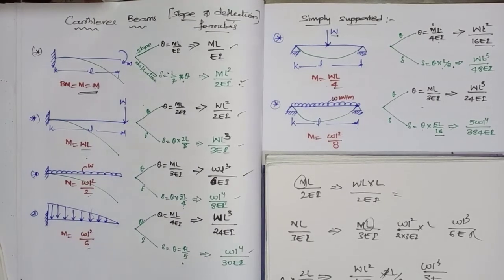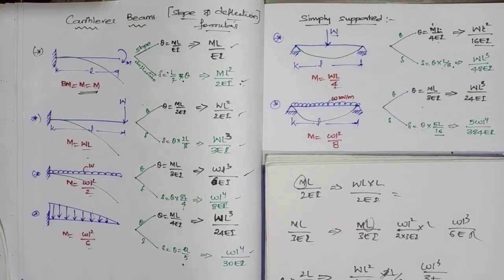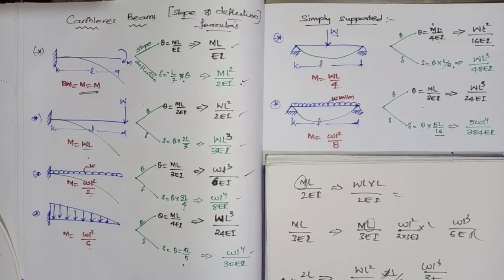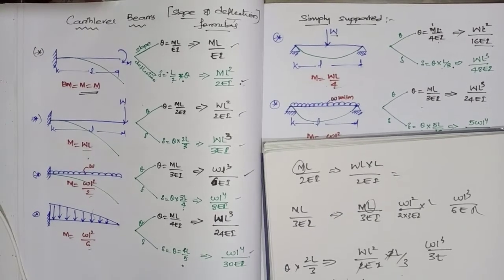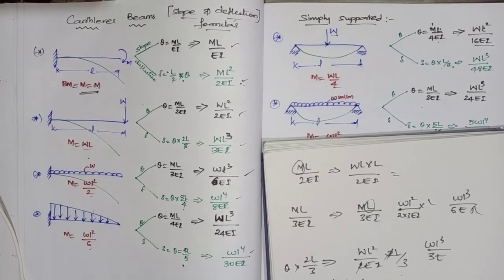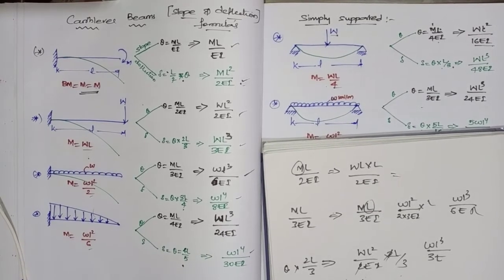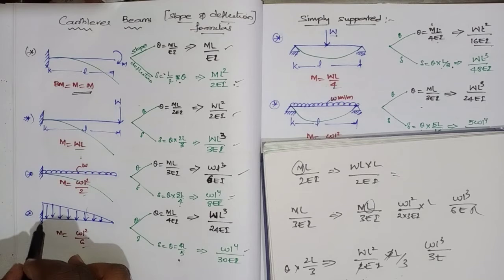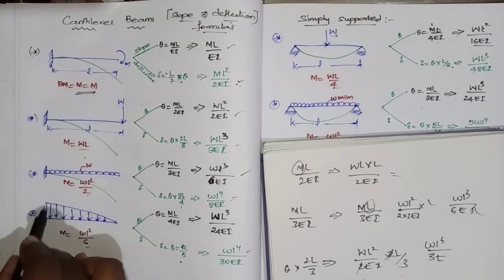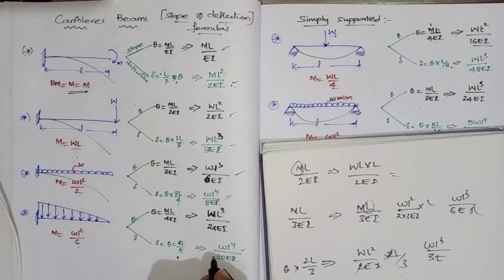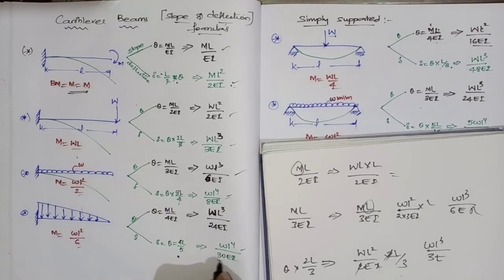So WL cube by 6EI into 3L by 4 means what happens? 6 4s are 24, into 3 WL power 4, so WL power 4 by 8EI. Similarly, for a cantilever beam carrying maximum load at the fixed end and minimum triangular variation, if you substitute here you will be getting WL power 4 by 30EI.